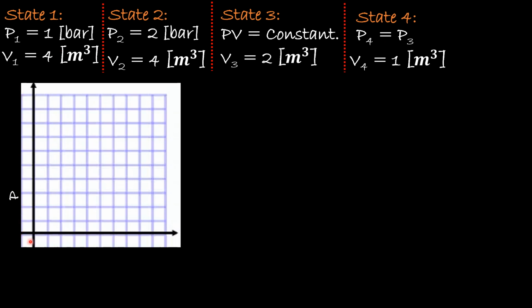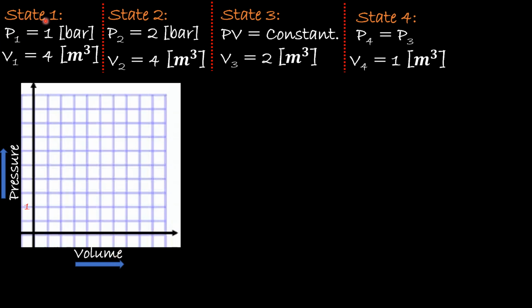Now what we will do is draw the PV coordinates and sketch it in here. The vertical line will be the pressure, and as we go up, we increase in pressure. The horizontal is the volume, and as we go from the right to the left, the volume increases.